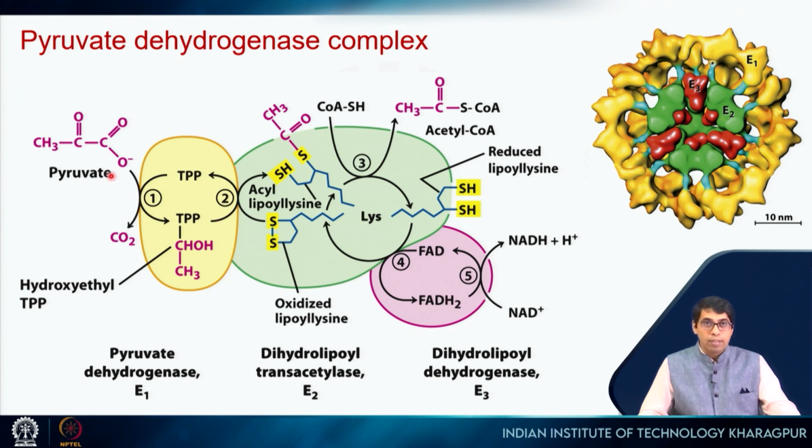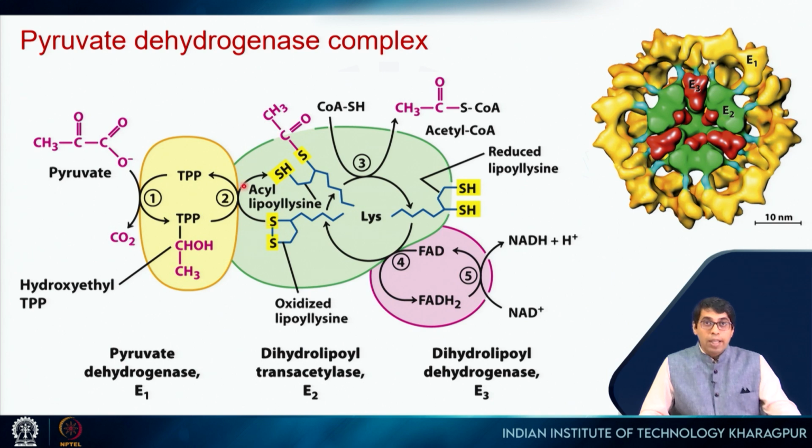So, E1 catalyzes the first step where TPP, thiamine pyrophosphate, interacts with pyruvic acid, carbon dioxide is released and this acetyl group is attached to TPP as hydroxyethyl TPP, right. Now, TPP is regenerated and this hydroxyethyl TPP is oxidized to acetyl group, right.